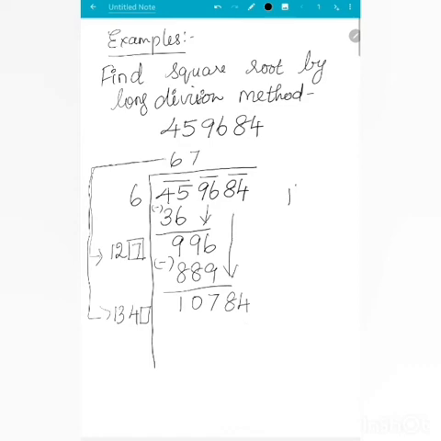Suppose if I take 2. 1, 3, 4, 2 into 2. 2 2s are 4, 4 2s are 8, 3 2s are 6, 1 2 is 2. It is a smaller number compared to this.